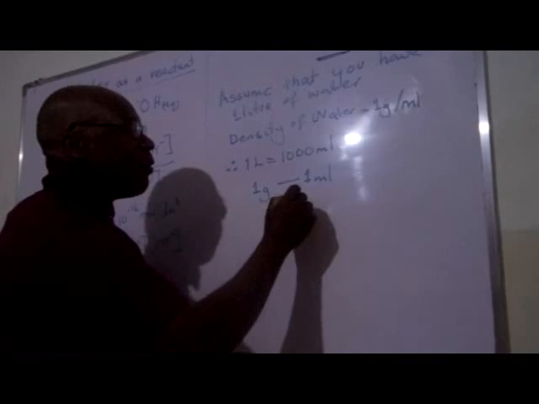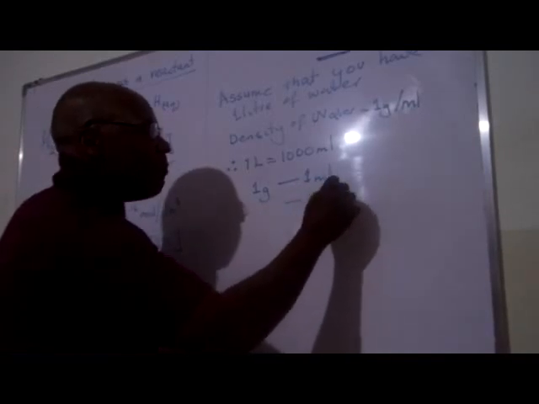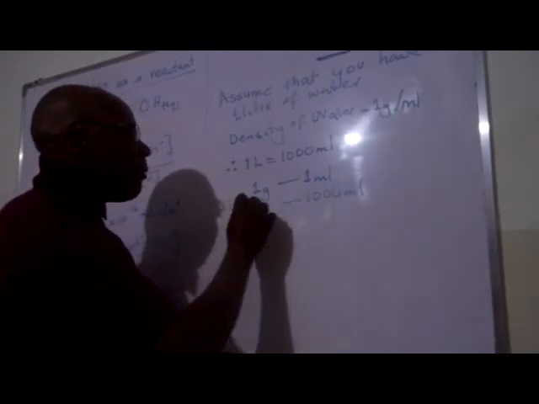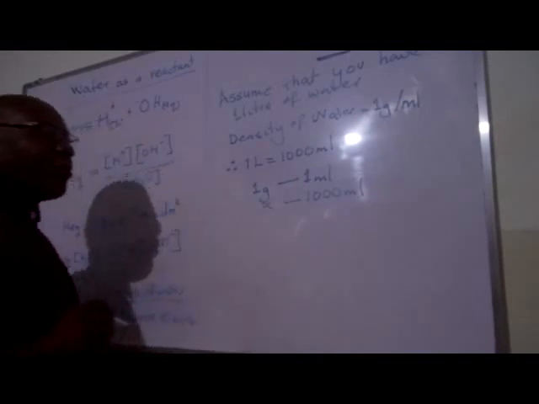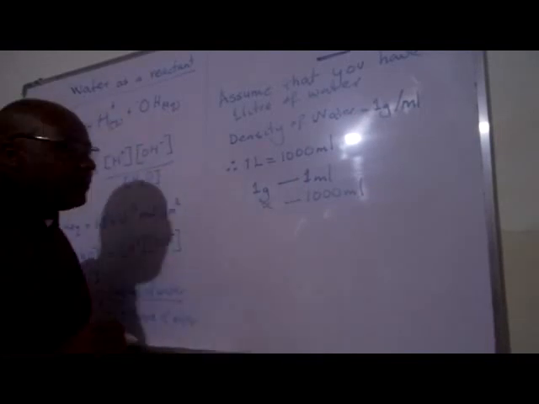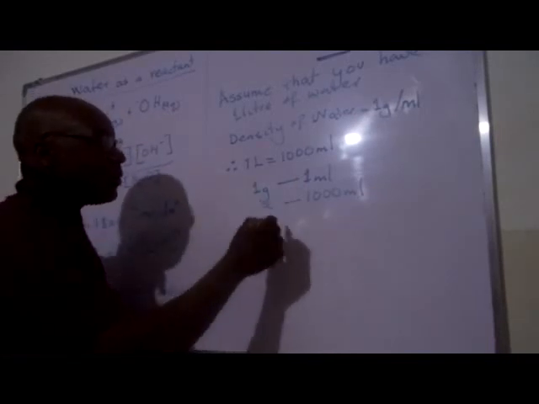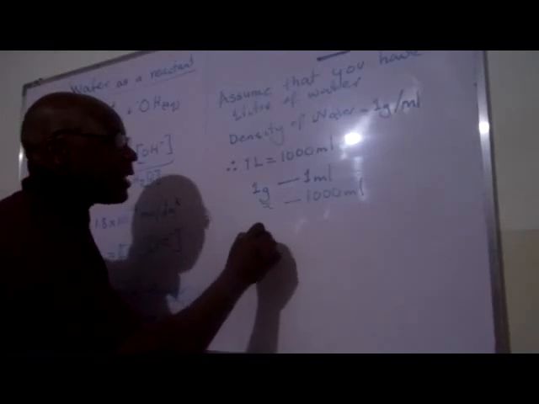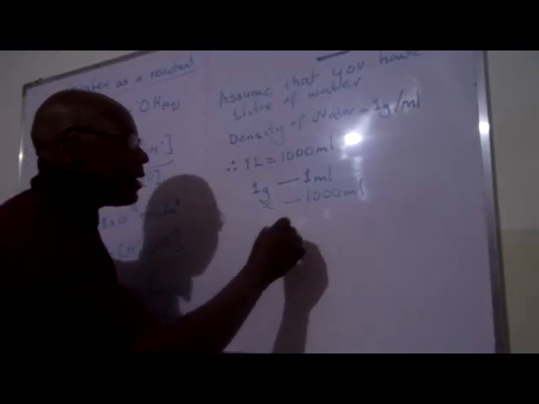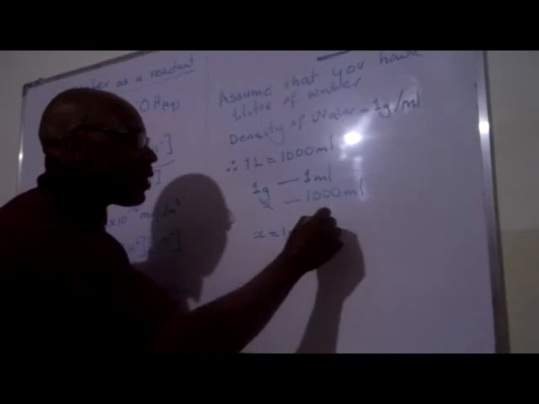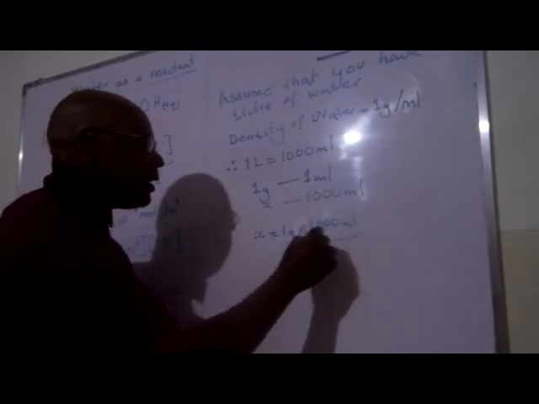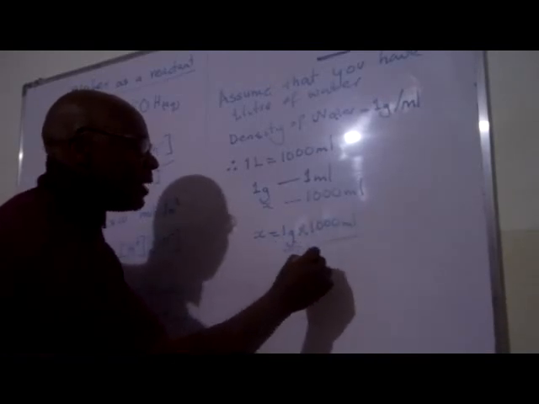If we have 1,000 mils of water, how many grams will be contained therein? If you cross multiply, X will be equal to 1 gram times 1,000 mils divided by 1 mil.